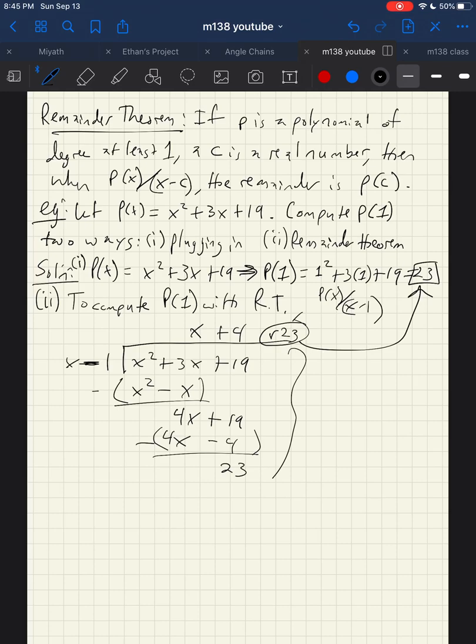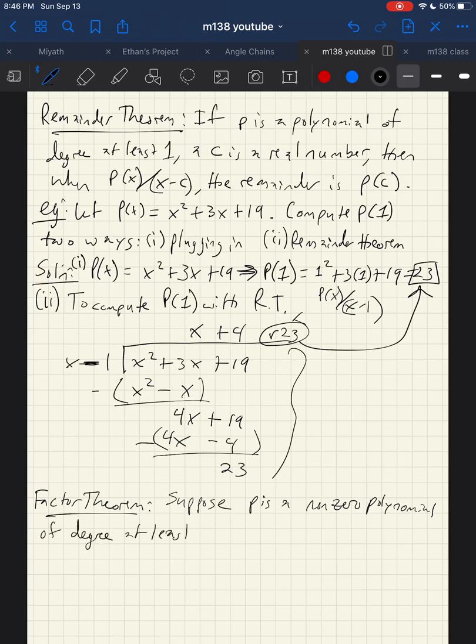Okay? So let me state the factor theorem, and then you're going to see that it's a special case of the remainder theorem. So the factor theorem just says, suppose P is a non-zero polynomial of degree at least 1.